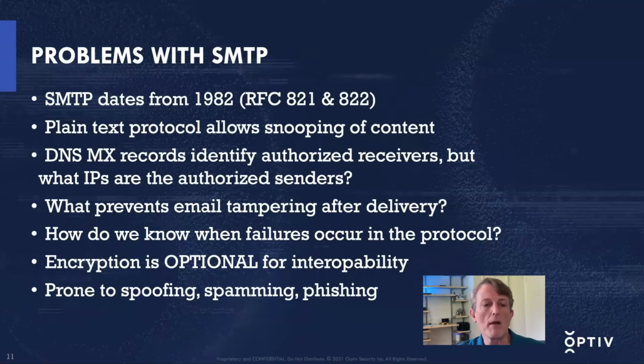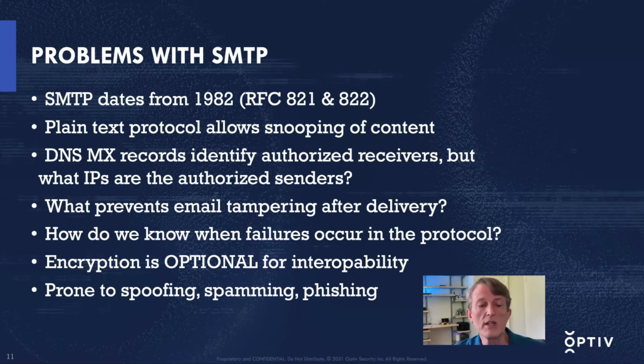There's a number of problems with SMTP. SMTP is a really old protocol. It dates from 1982. It actually predates DNS. But its plain text nature means it can be snooped. The DNS system, when it finally came around, had MX records to identify who's supposed to receive email for a given domain.